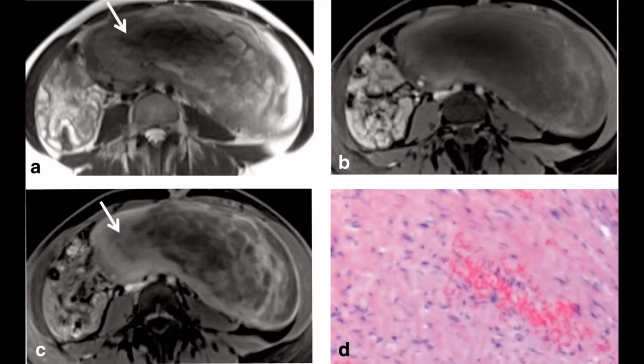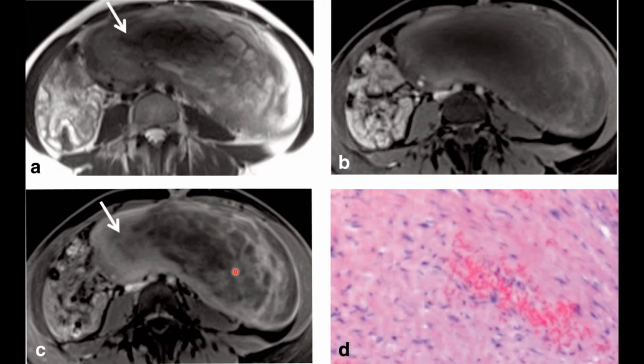Now in this image we can see a large well-defined lesion, and this is a T2 weighted image, whereas this is a T1 weighted image with the arterial phase of enhancement, and this is a slightly delayed enhancement. In T2 it is appearing hypointense with heterogeneous areas of hyperintensity, whereas in this early arterial phase it shows minimal enhancement.